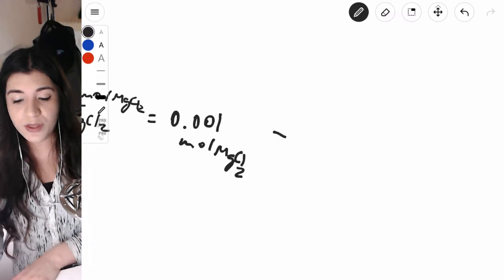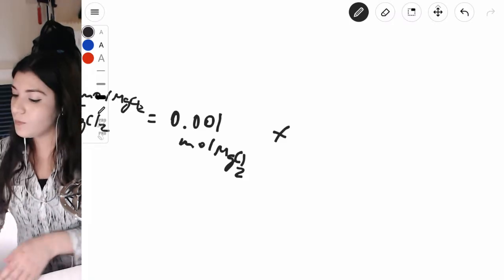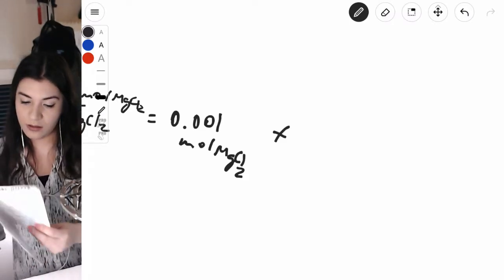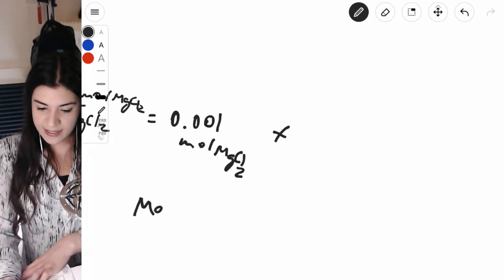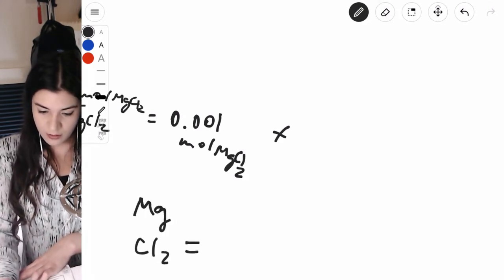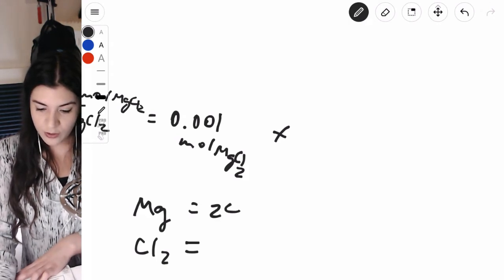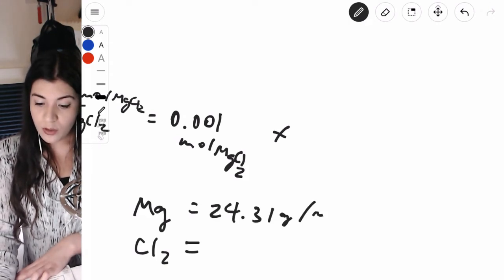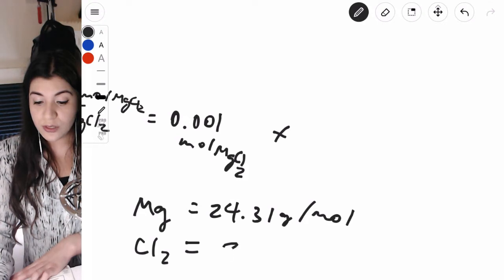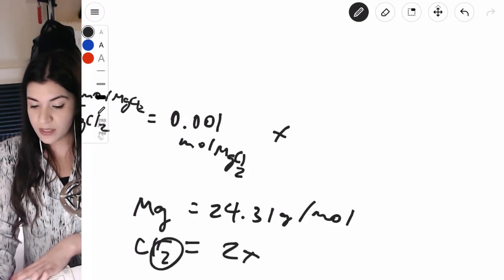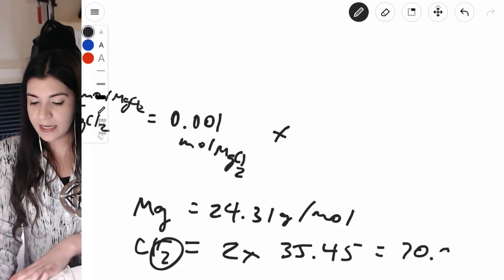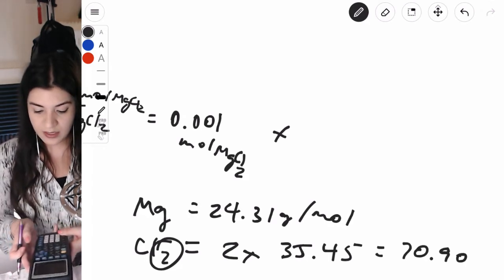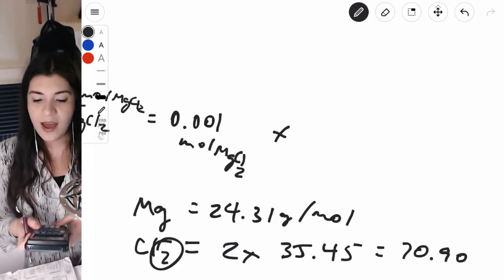Yeah, let's do that. So I'm going to keep going with the moles, and I'm going to bring in the molar mass of magnesium chloride. And let's just find the molar mass of magnesium chloride. Okay, so magnesium is 24.31 grams per mole. And then there's a 2 here, so 2 times 35.45, which is 70.90. And then I'll add those 2 together, and this is going to give me the amount of grams.